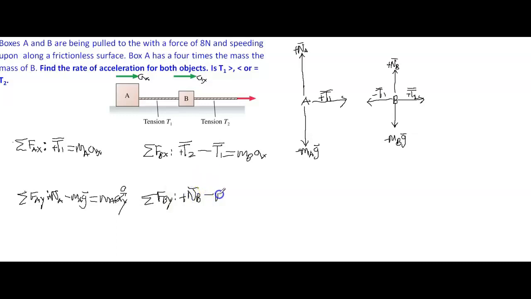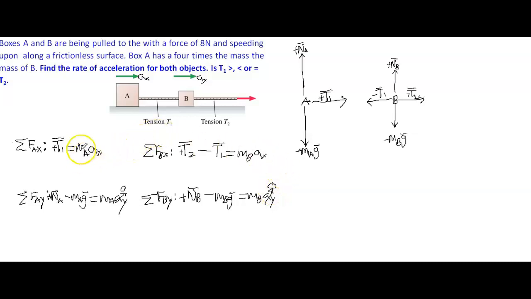I have the weight of mass B pointed down, and that's equal to mass B times the acceleration in the y direction. But again, it's not accelerating in the y direction at all, so that is 0. Right? How'd you guys do?